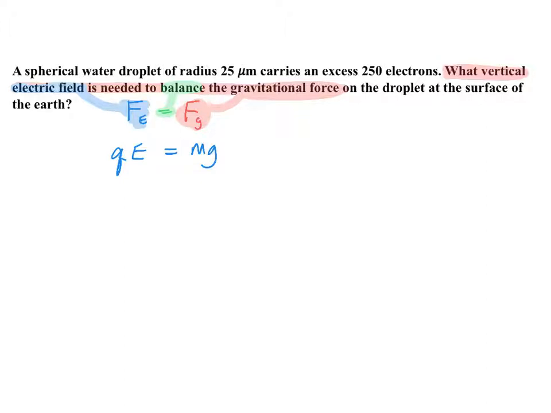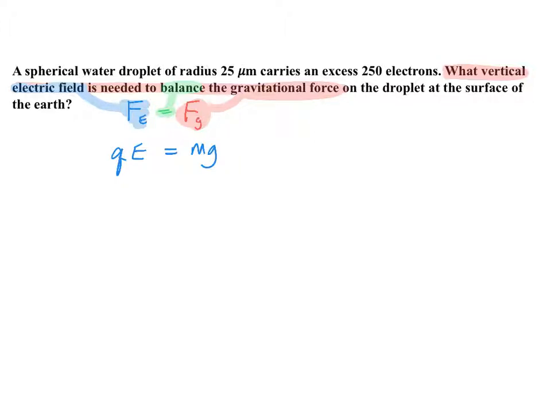So now, basically, I have everything that I need to know in the problem except mass, which I'm going to have to find with some geometry by virtue of volume. I wasn't given mass, but I was given a measure for a sphere, and I know the volume of a sphere is 4/3 pi r cubed, all right? And then the mass would be the density times that, or I could rewrite mass as density times volume.